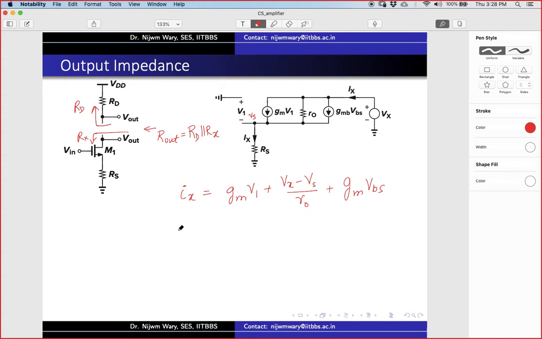So if I rearrange it again, this Ix will be Gm V1, which is now minus Vs because Vin is 0, plus Vx by Rho, plus Gmb, where Vb is also 0, so minus Vs.